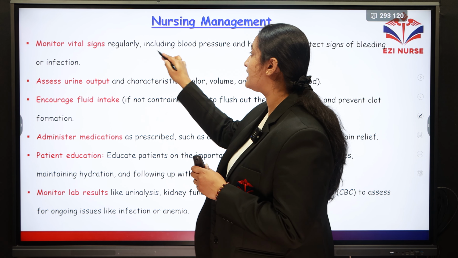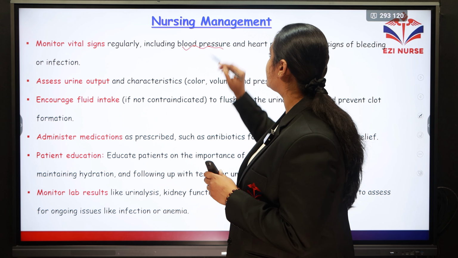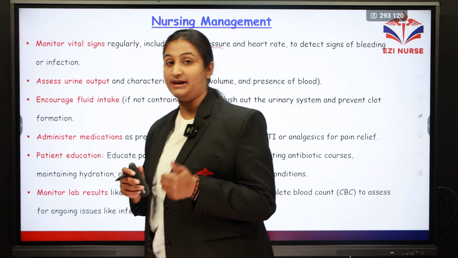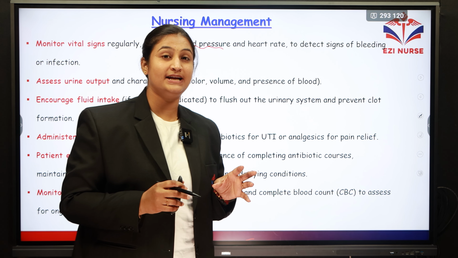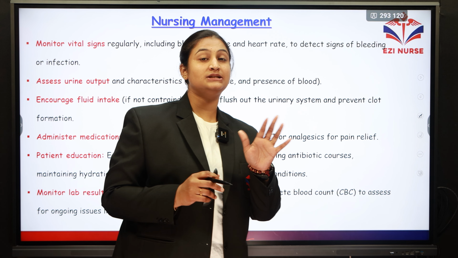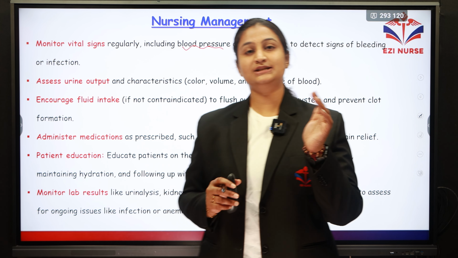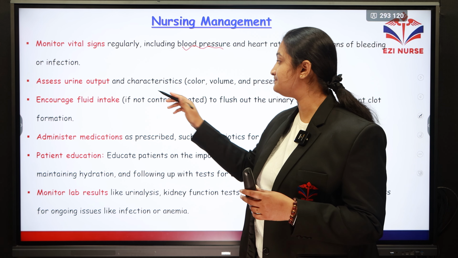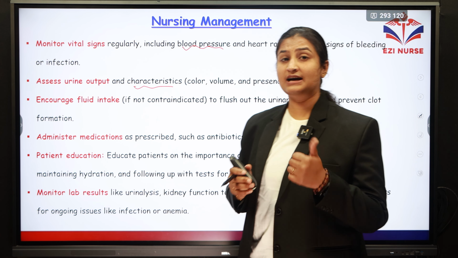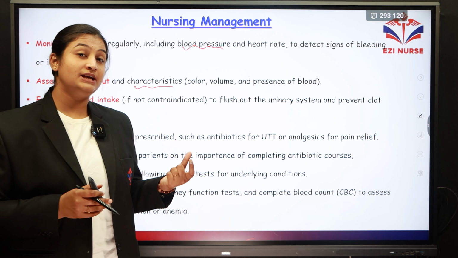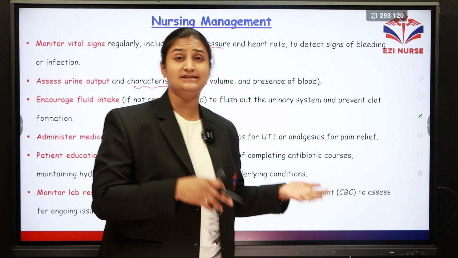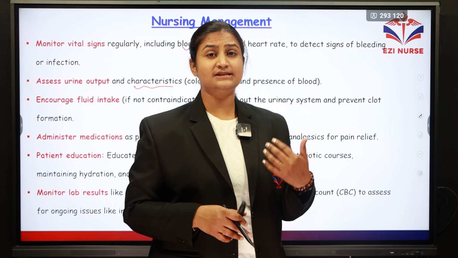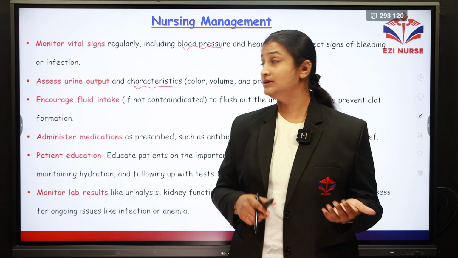By having regular blood pressure checkups, and the heart rate should be maintained, because hematuria is connected to blood in urine, so that should not be going down. And assess the urine output: what is the color, what is the odor of the urine, and whether blood is present in the urine.